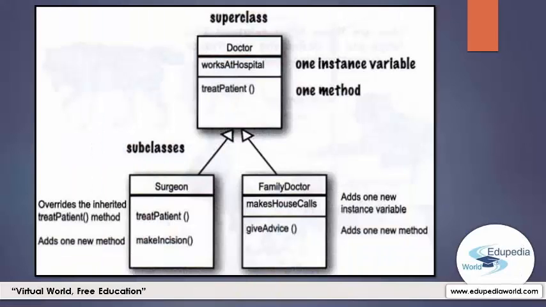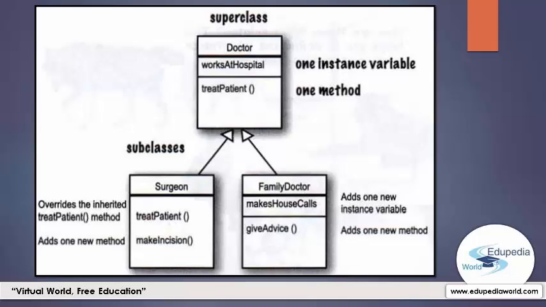Now look at this example design. It has three classes: the doctor class, the surgeon class, and the family doctor class. The doctor class is the superclass, and under that there are two subclasses, the surgeon class and the family doctor class. Both the surgeon and the family doctor inherit the methods and instance variables from the superclass doctor.